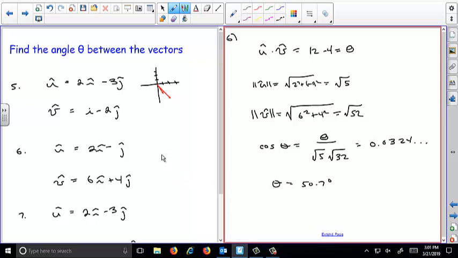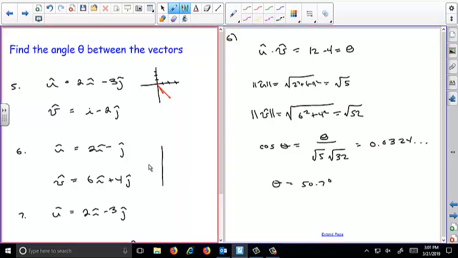Again, let's just sketch this out, what this might look like. The first vector is 2 in the positive direction, and 1 in the negative direction. So I'm going to guess it like that.